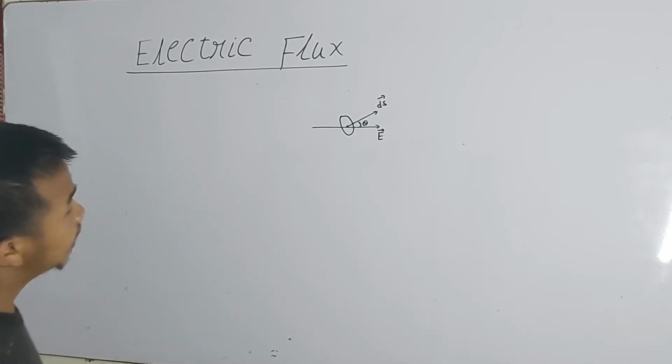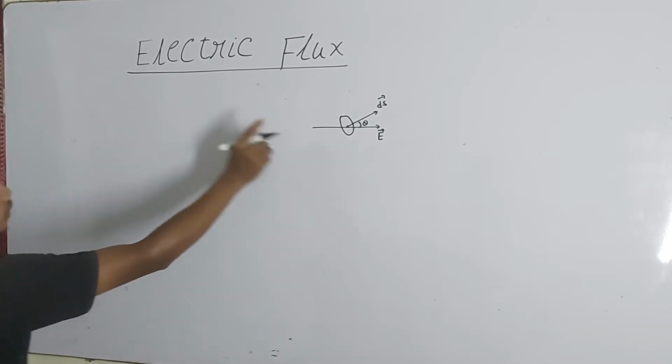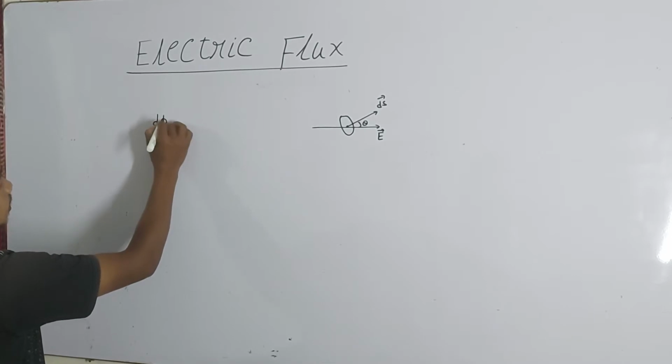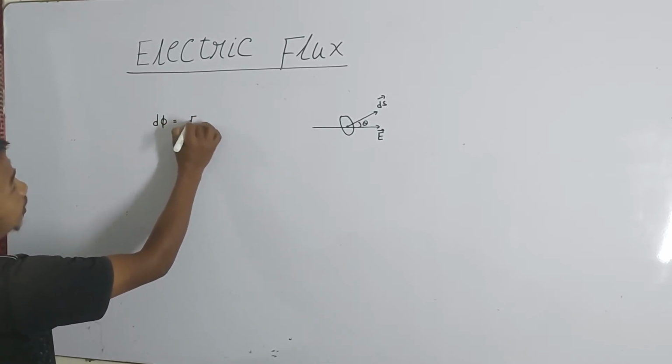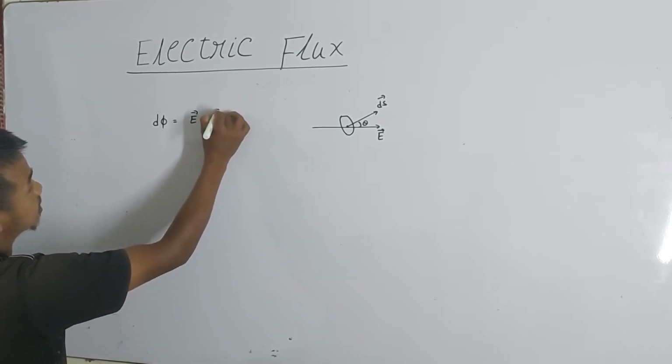So for the small element ds, the electric flux can be written as d phi equals E dot ds. If we consider the whole area, then we can integrate that: the integral of d phi equals a surface integral of E dot ds.